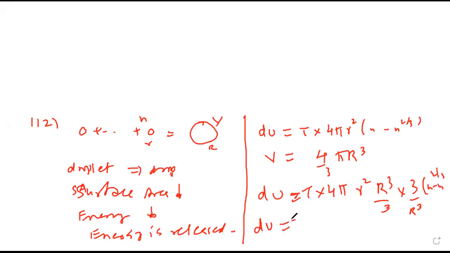So it will become T into 4 by 3 pi r cube, which is V. 4 by 3 pi r cube into 3 r square upon r cube into 4 we want, and this n minus n raised to 2 by 3 we have to eliminate. Just copy till this, then I'm using the volume relation and completing it.